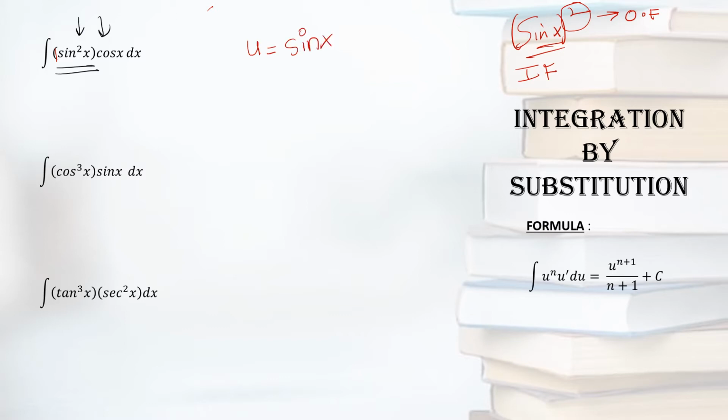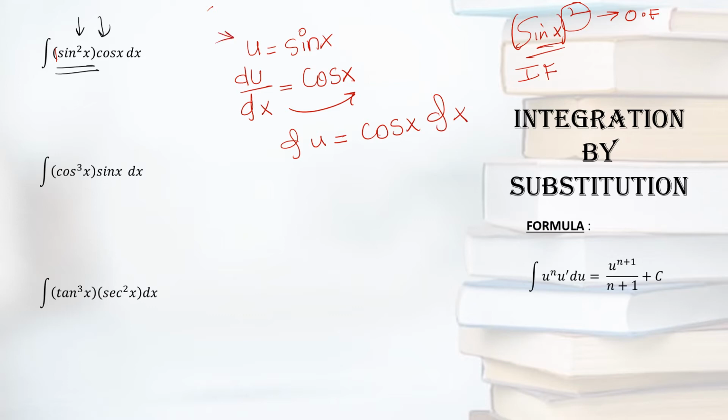Once it is done, take the derivative of this function. The derivative of sine x is cosine x. Bring the dx to the other side, and you will get du equals cosine x dx. Now write all the integrand, which is written in terms of x, in terms of u.